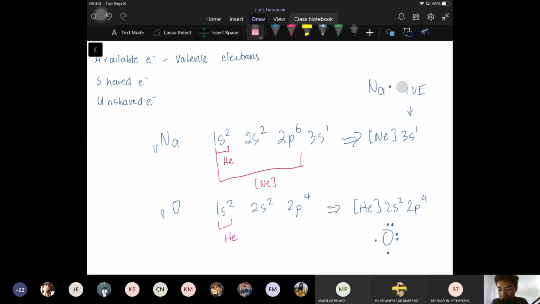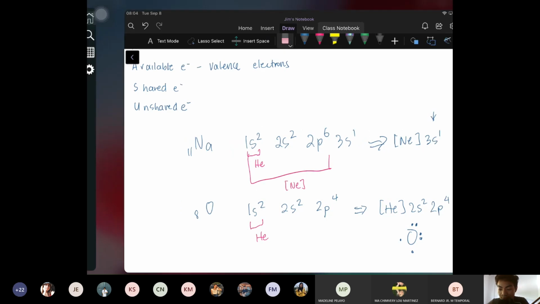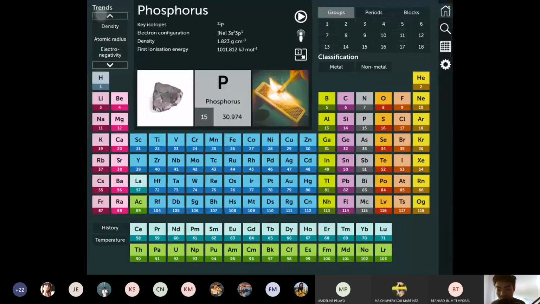Sir, what is the shortcut for us to determine the valence electrons? It's easy. If you want to check the valence electrons easily, all you have to do is look at the group of your atom in the periodic table. So how do we count the group? We will disregard the D and the F orbital again, so we're just looking at the S and the P orbital.